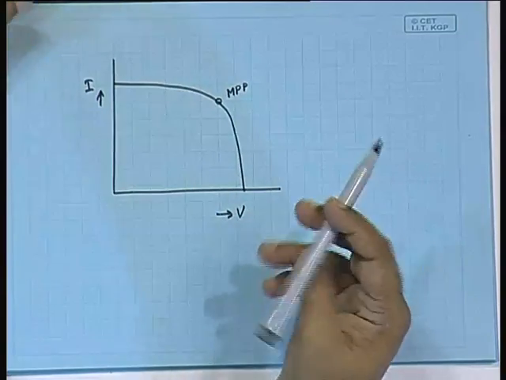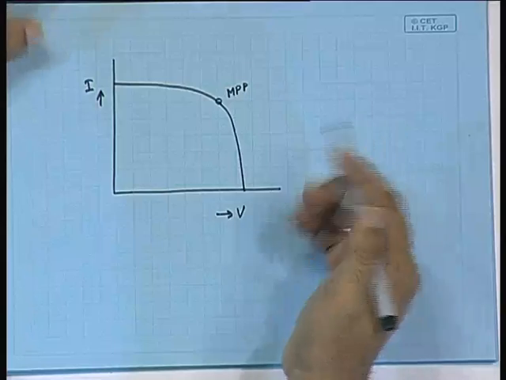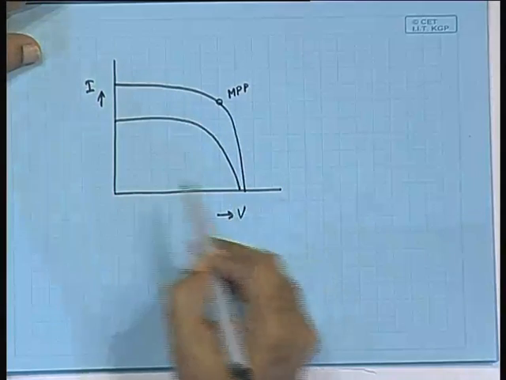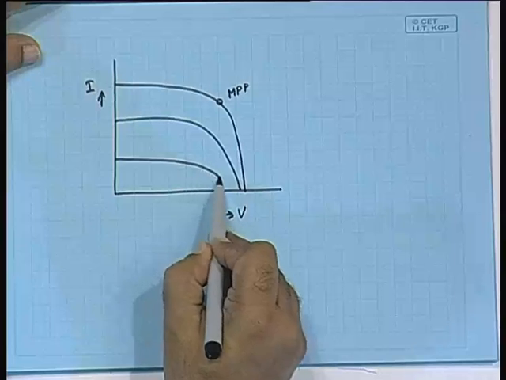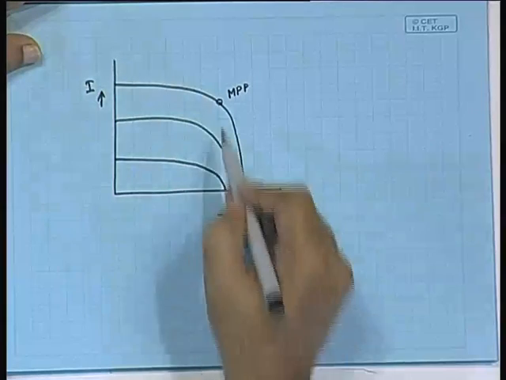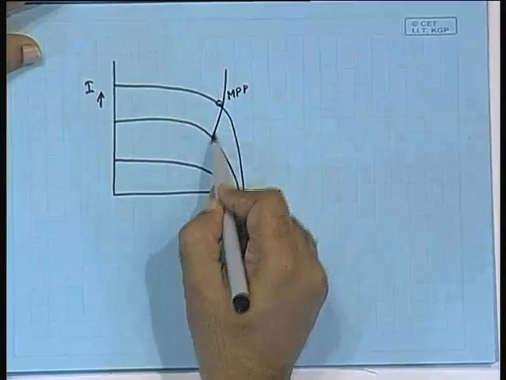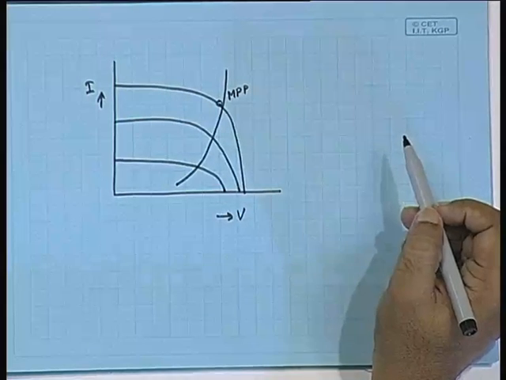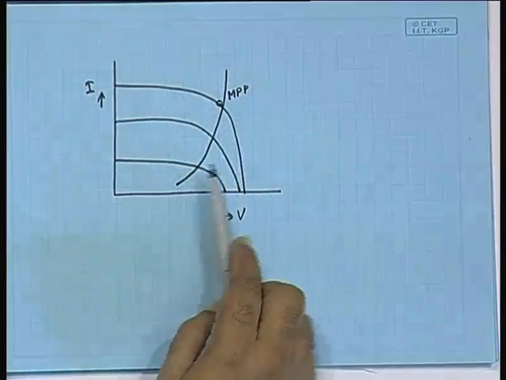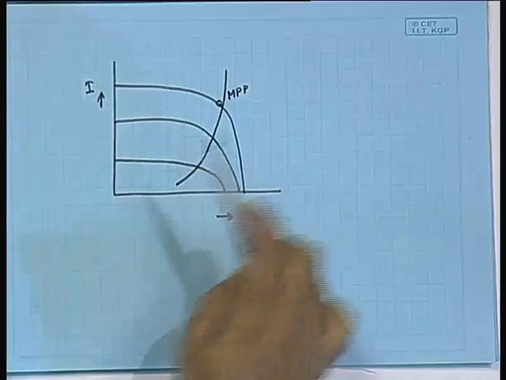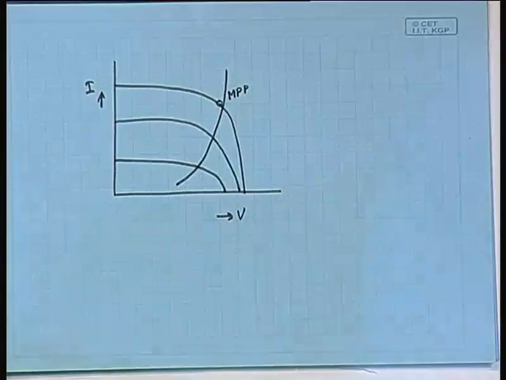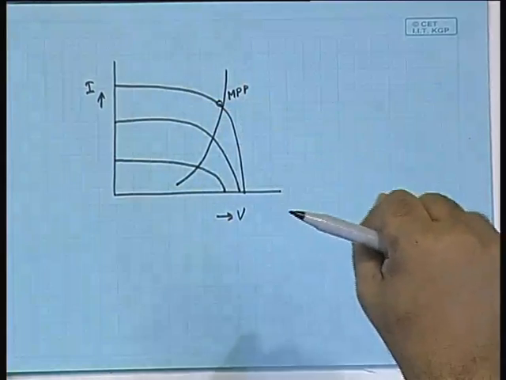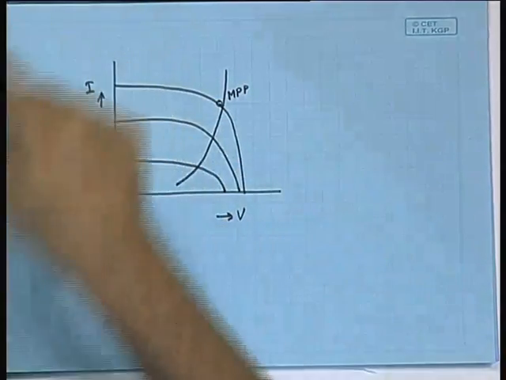Why? Because as the solar insolation changes, the characteristic changes to something like this. You have already seen that, right? And as a result, the maximum power point has a characteristic something like this. So, the maximum power point changes, the resistance that needs to be connected at the load to track the maximum power point also varies with the variation in the solar insolation.